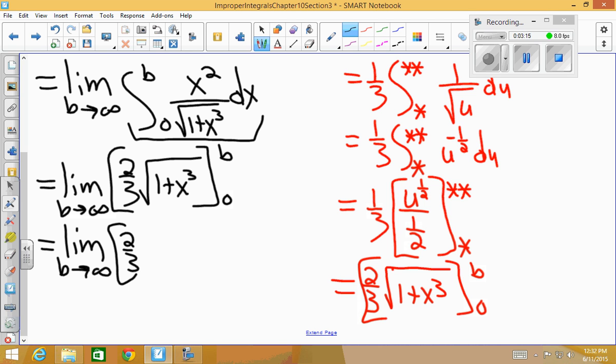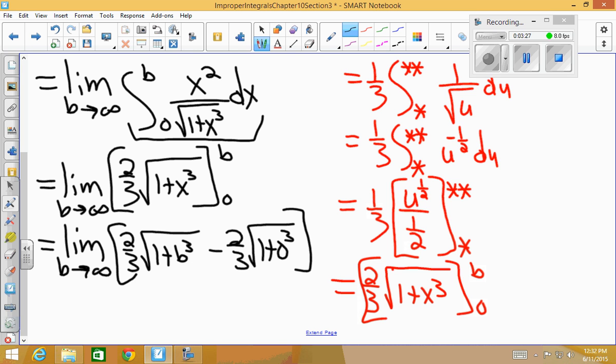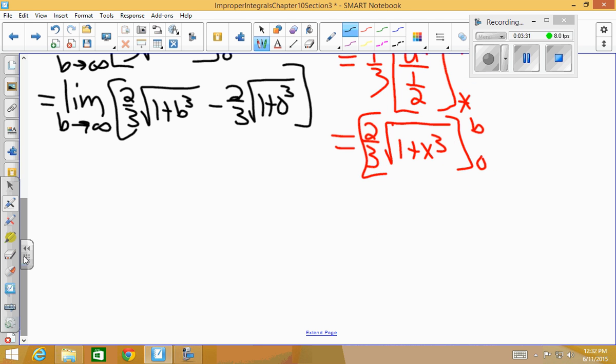So 2/3 square root of 1 plus b cubed minus 2/3 the square root of 1 plus 0 cubed. We put in the lower limit of integration. Now when we start taking the limit, first of all, we notice that 0 cubed is 0, plus 1 is 1. Square root of 1 is 1. When you take the limit of negative 2/3 times 1, you end up with negative 2/3 because that's simply a constant.